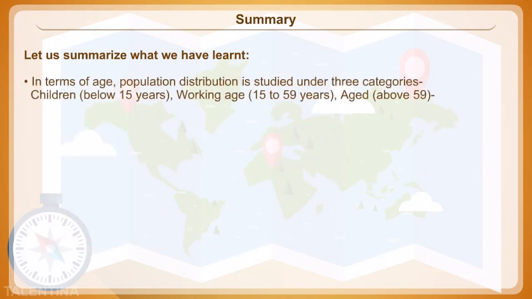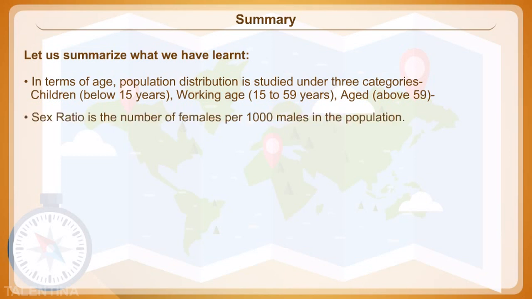In terms of age, population distribution is studied under three categories: children below 15 years, working age 15 to 59 years, aged above 59. Sex ratio is the number of females per 1,000 males in the population.